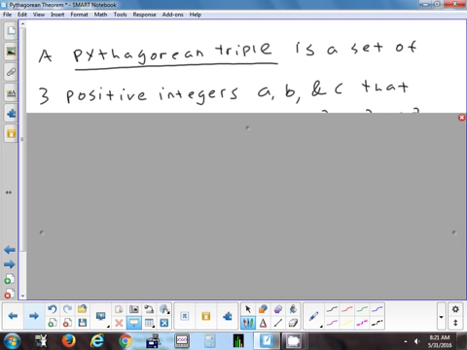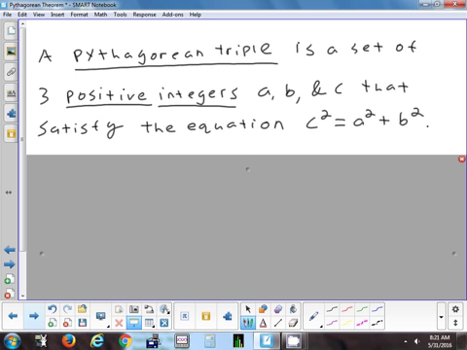Anybody remember what kind of numbers are integers? Negatives, positives, they don't include what? Fractions or decimals. Okay, so we're talking about nice numbers here. No fractions, no decimals. 3 positive integers. Okay, and let's call those integers A, B, and C. We'll use the letters we used before that satisfy this equation.